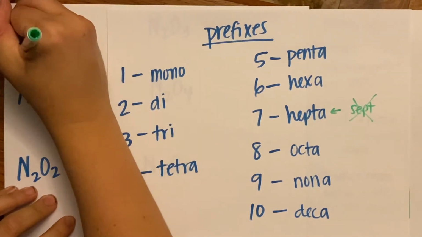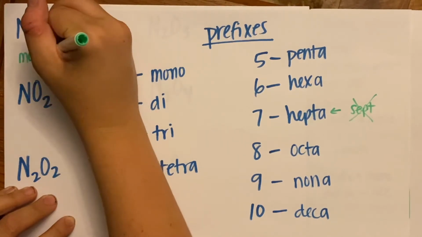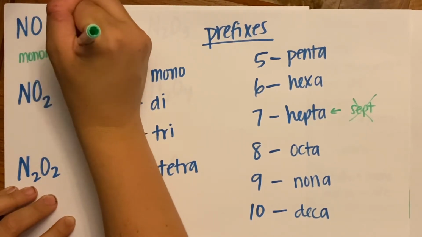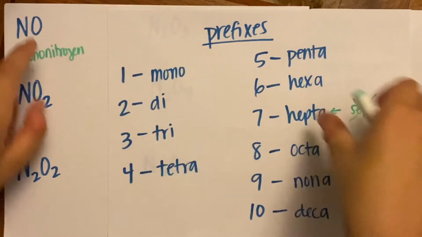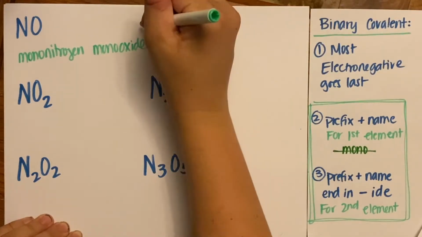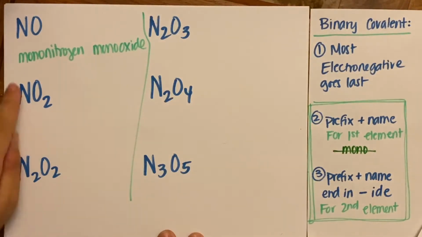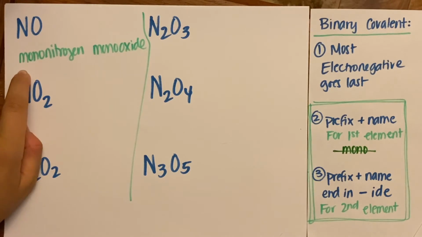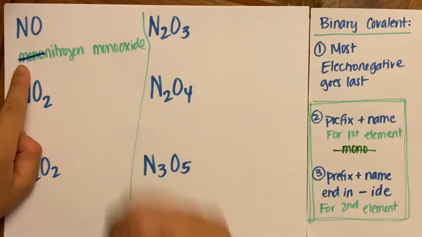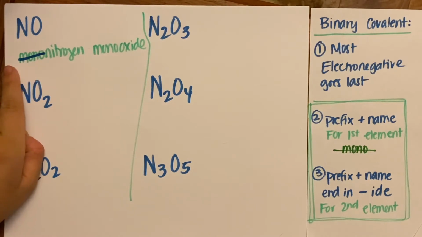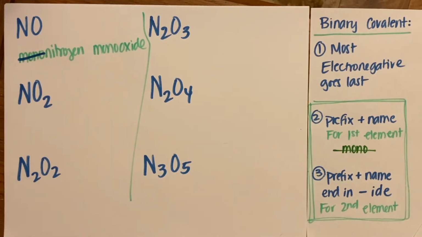If I was writing it out, it would be mononitrogen, and then only one oxygen, so monooxide. I'm doing this wrong on purpose. If it's my first element, I don't include mono, so that mono goes away. So not mononitrogen, just nitrogen.